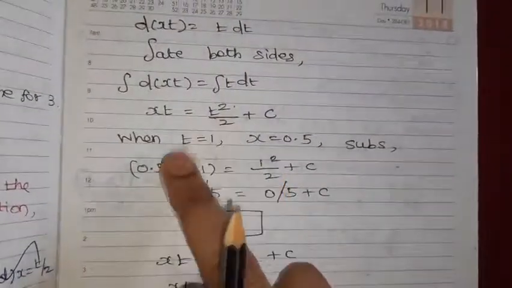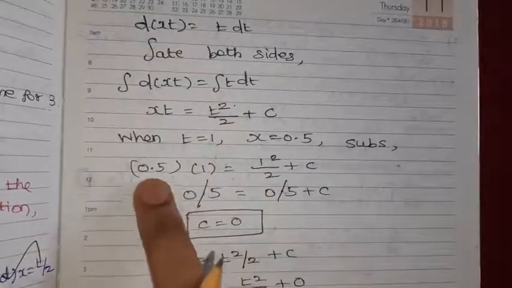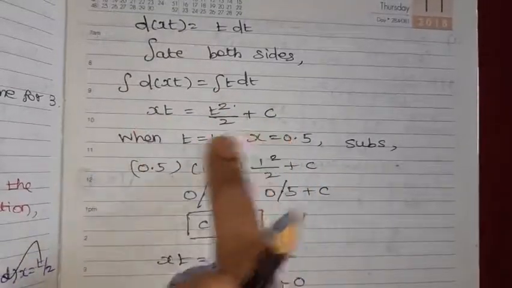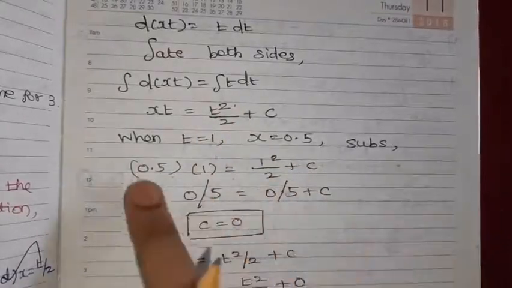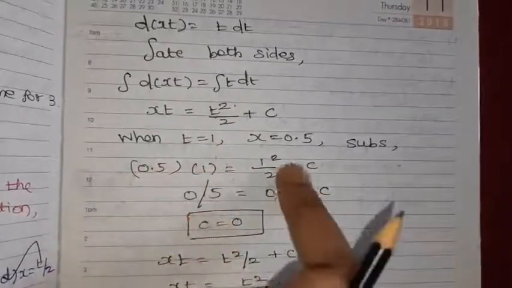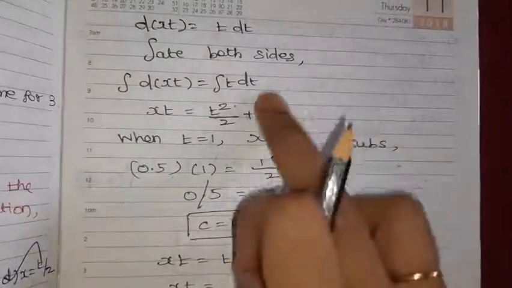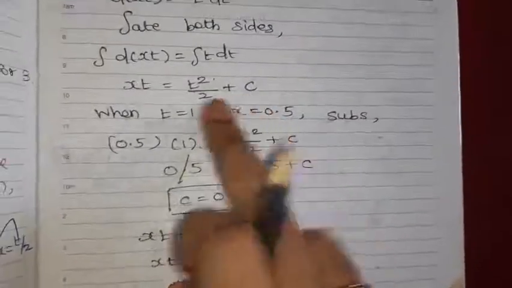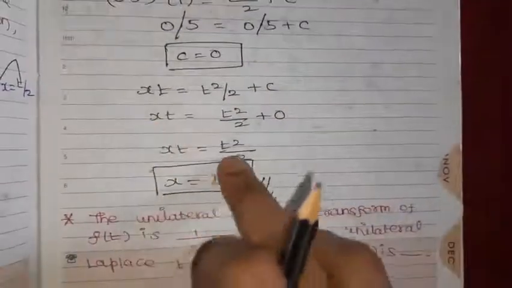So substitute t as 1 and x as 0.5 to find c. 0.5 into 1 is equal to 1 by 2 plus c. So 0.5 and 1 by 2 get cancelled, c value is 0. So xt equals t squared by 2.